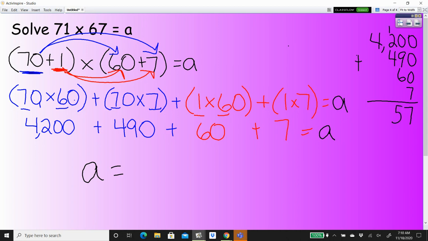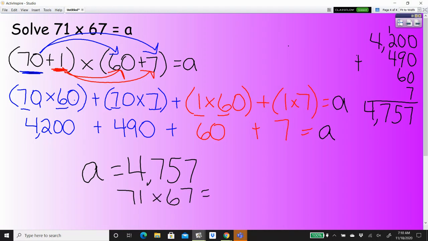Regroup. 4, 5, 6, 7, 4,000. Okay. So A equals 4,757. So therefore, 71 times 67 equals 4,757. And that is how we use the distributive property to multiply 2-digit factors.